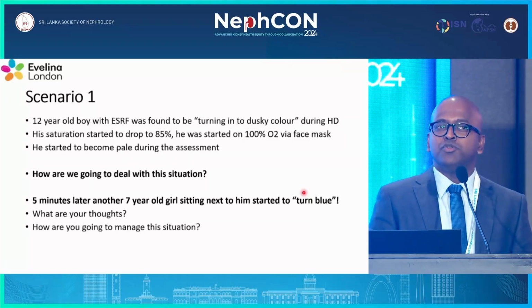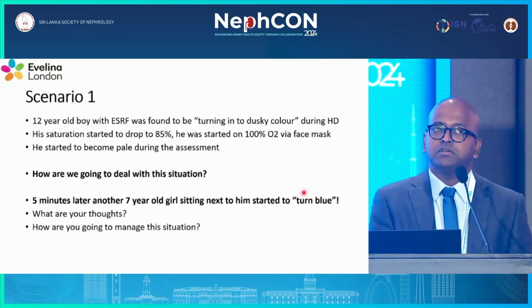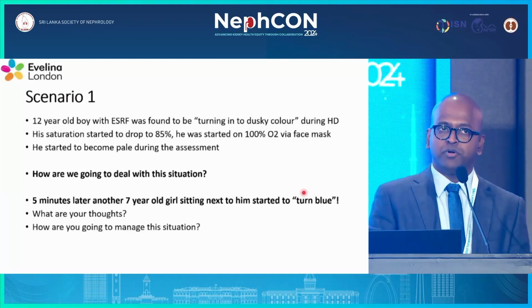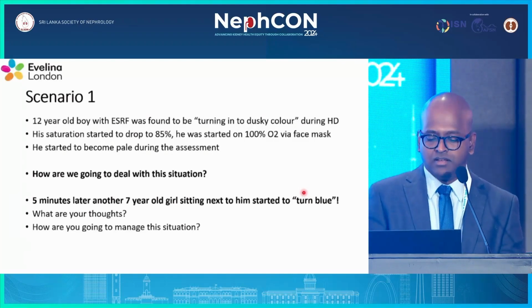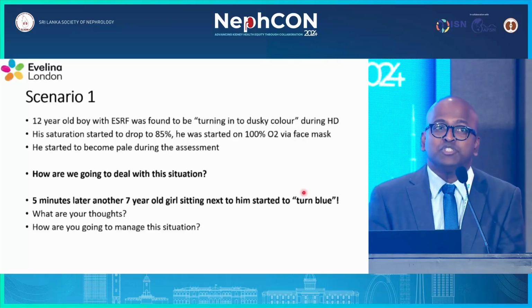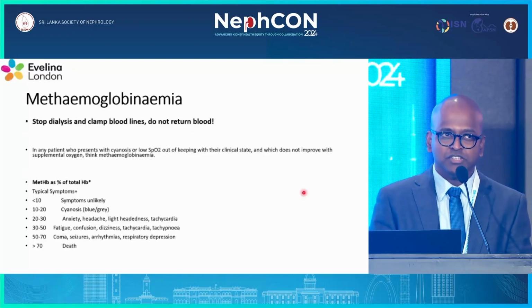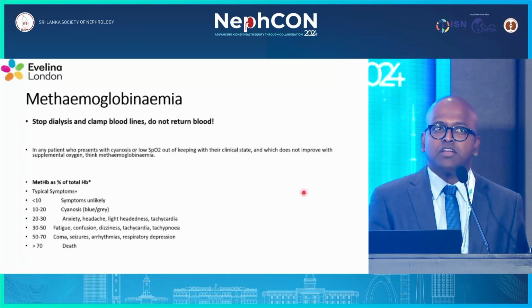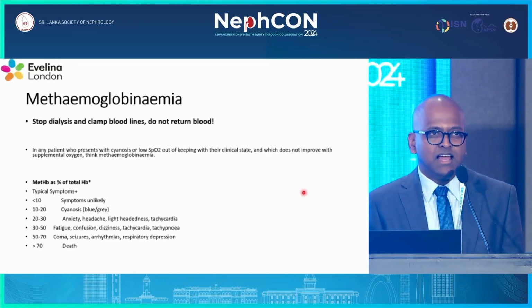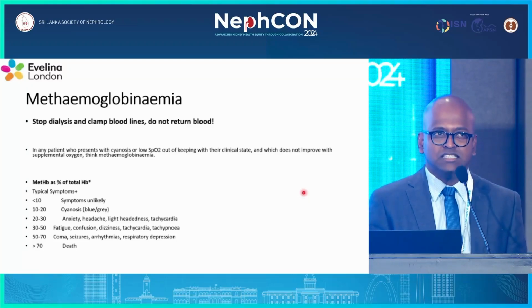It's really interesting if you know how to approach these kinds of scenarios. If we have a structured approach, we can make arrangements to deal with it. So this is methemoglobinemia. We had to stop the dialysis, do an emergency termination, and clamp the blood lines. Do not return the blood.